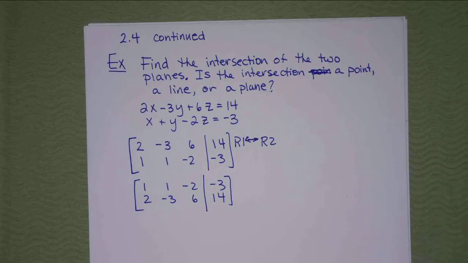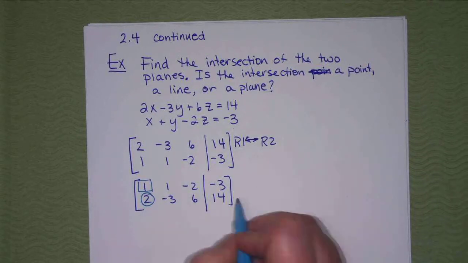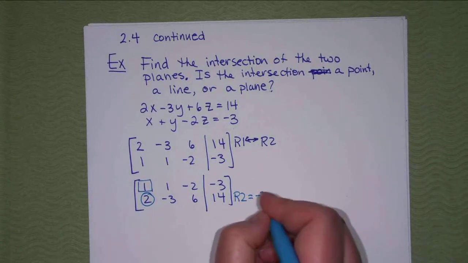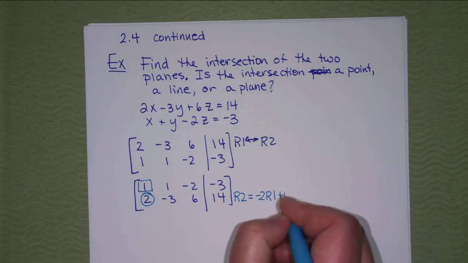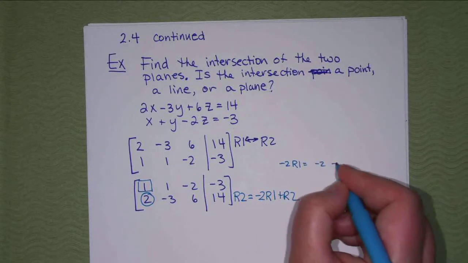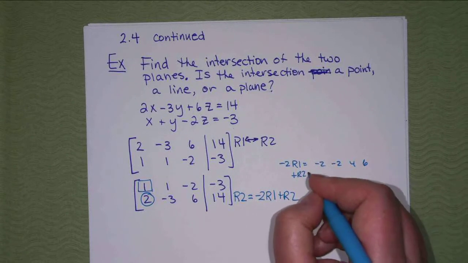All right, so what's the next step? Which number needs to change? The 2. That's in row 2. It's a positive 2, so the 1 needs to be a negative 2. So negative 2 times row 1 plus row 2.